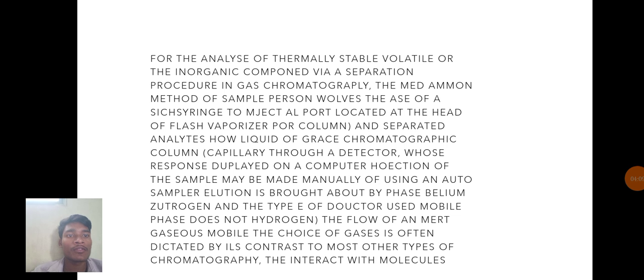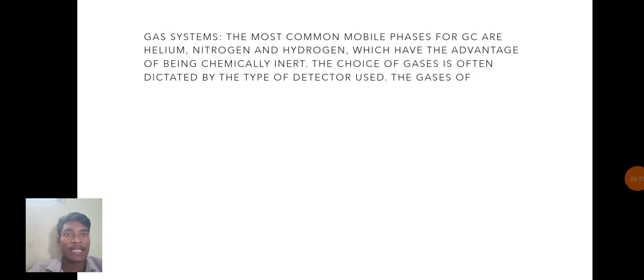The choice of gases is often in contrast to most other types of chromatography, where the mobile phase interacts with molecules; in gas systems it does not. The most common mobile phases for GC are helium, nitrogen and hydrogen, which have the advantage of being chemically inert.